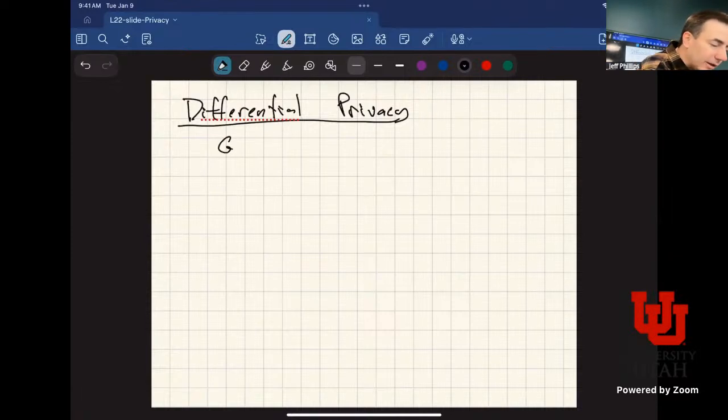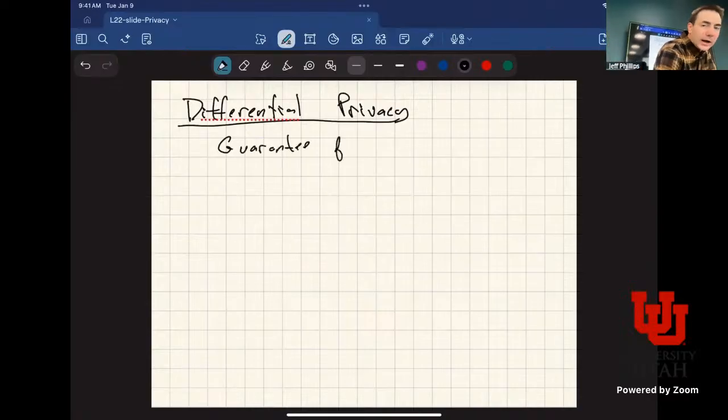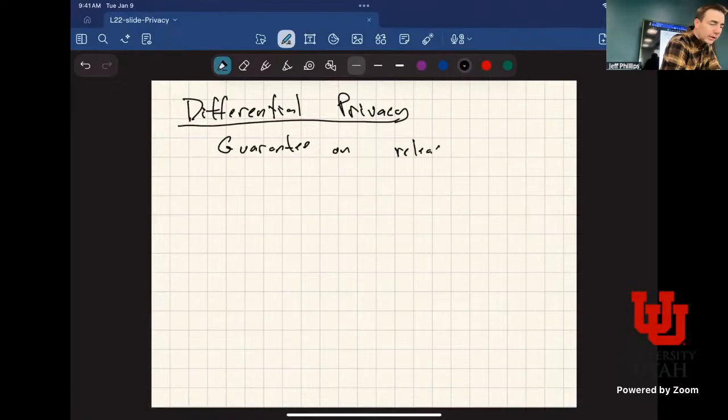Okay, so it's a guarantee on a release of some data x1.